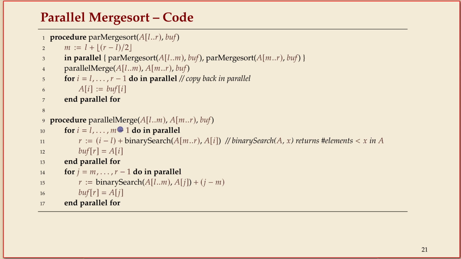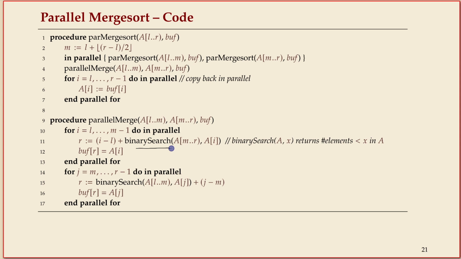Now for the merging itself, we first determine the rank of each element. And for that, we do the elements in the left run and the elements in the right run separately. First, we do the ones that are in the left run. So we know how many elements are smaller in their run, and we add the result of a binary search.